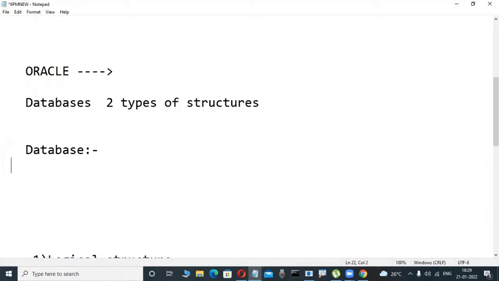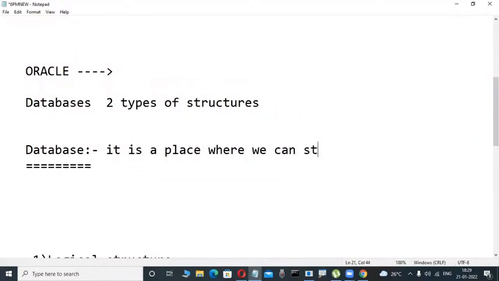What is a database? Anybody looking on Google or in books will find it is a place, don't read it, a place in a computer system where we can store a structured collection of data.